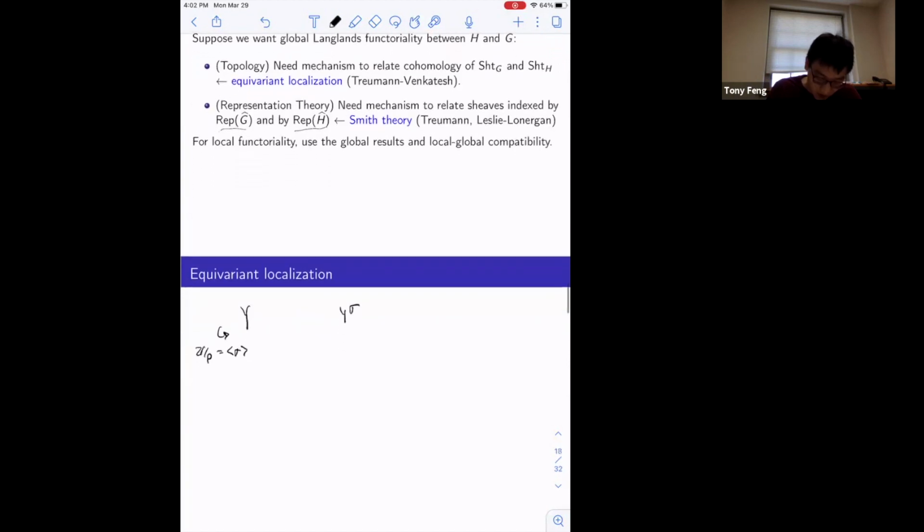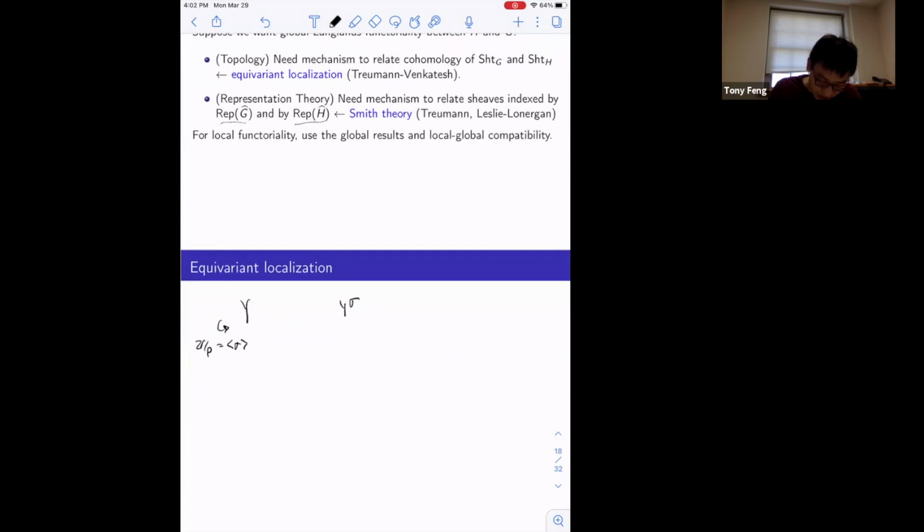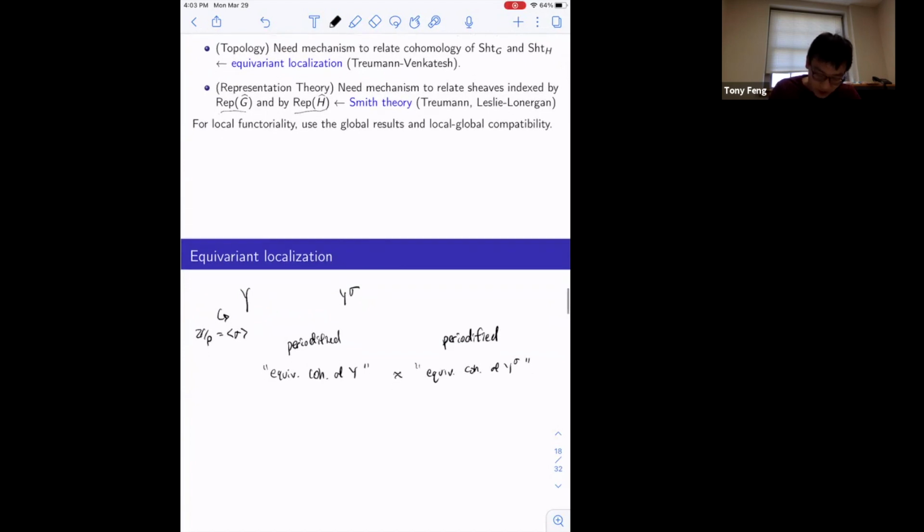What you would guess is that it should say something like: equivariant cohomology of Y is identified with equivariant cohomology of Y^sigma. Not quite true. You need to periodify things, and what that really means is you take Tate cohomology.